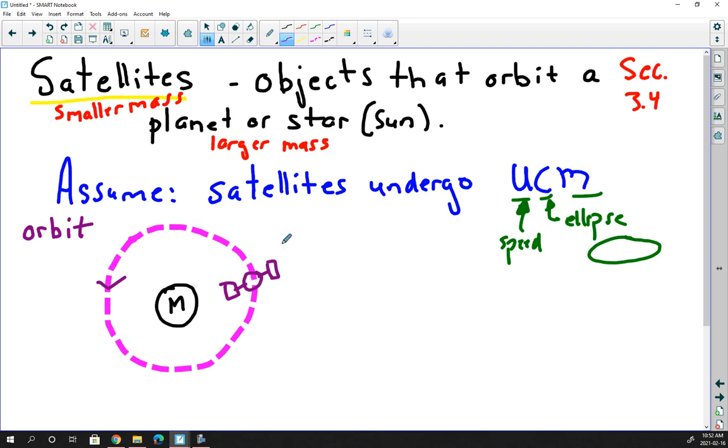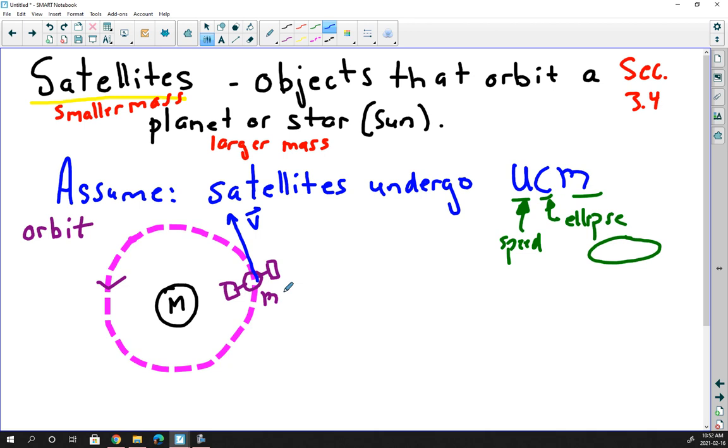And it's got a much smaller mass. So instead of having big M, like the big M for whatever's in the middle here, planet, star, whatever it is, it's going to be lowercase m for a satellite. And it's undergoing uniform circular motion, so we can say that right at that spot, it would have a tangential velocity or speed.